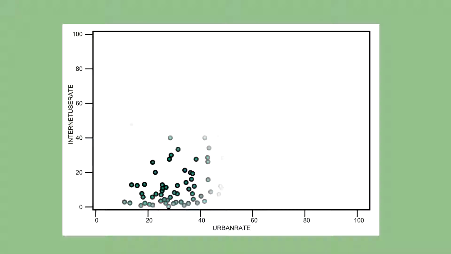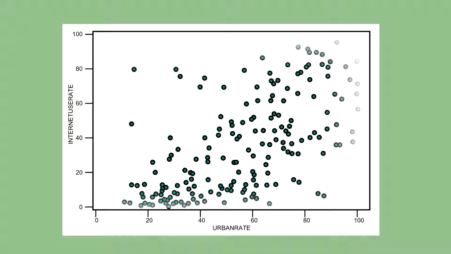However, note that this is only the expected internet use rate given what we know about urbanization. It's the value that rests exactly on the best fit line. Unless our data were perfectly correlated, we would anticipate that our expected value and our observed values would differ from one another to some extent.